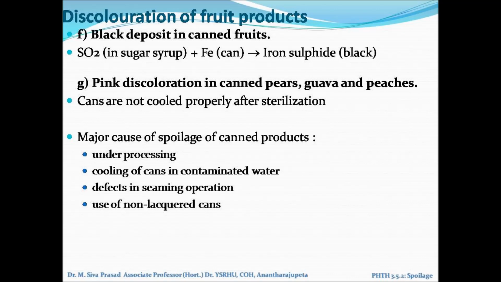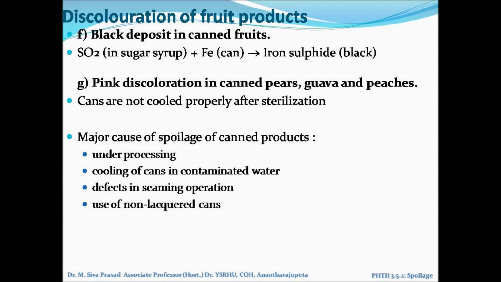If we recap the causes of spoilage in canned products, most of the time it is due to under processing. The required temperature and duration are not being met, the cans used are not properly lacquered, there is a defect in seaming operations, there is contamination in the water used for cooling of the cans, and there are various mechanical damages.